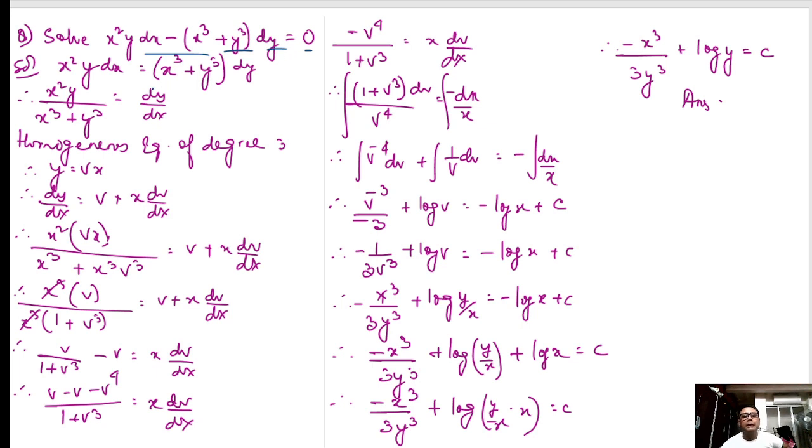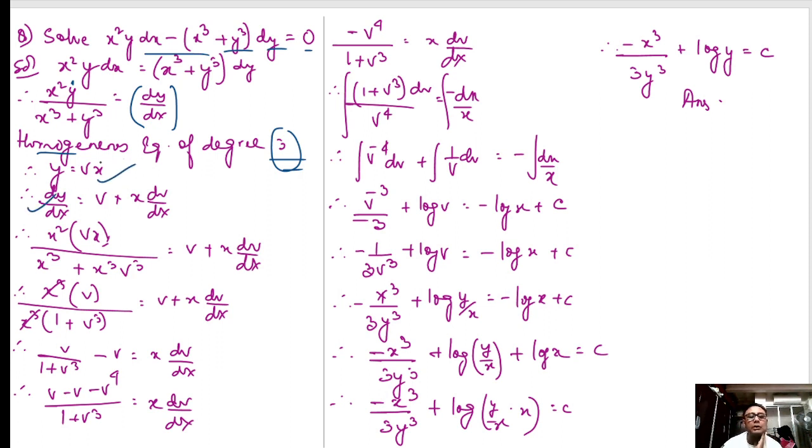First separate dy by dx and check for homogeneity. Yes, the degree at the top is 3 and at the denominator the degree is 3, so it is a homogeneous equation. So take y equal to vx and differentiate it.